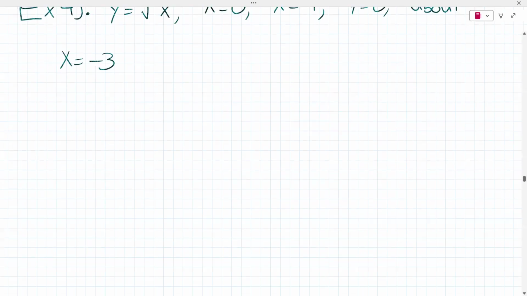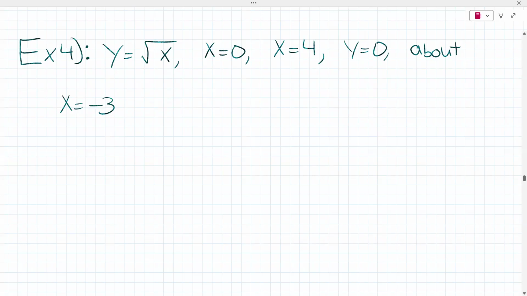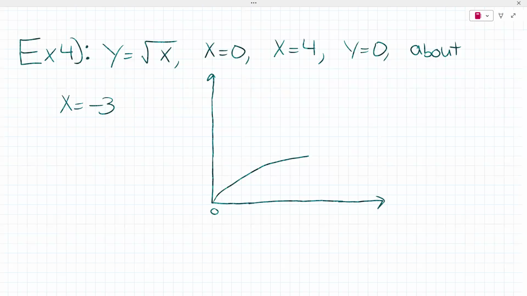So let's graph it. The square root of x, with x equals 4, would look something like this, and you have this shaded region. Then, x equals negative 3.